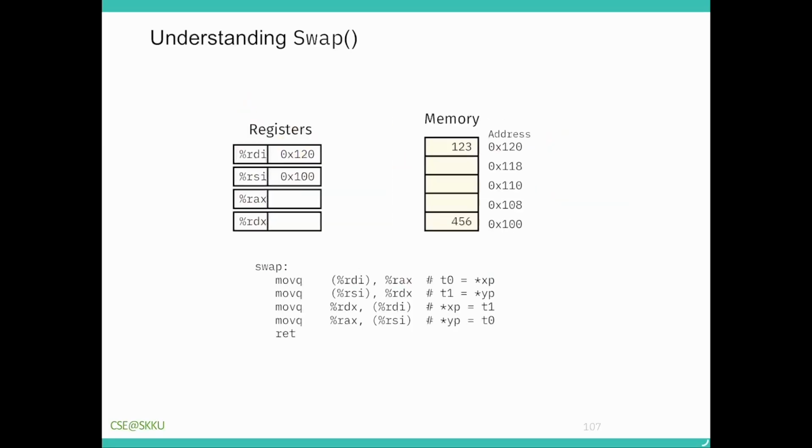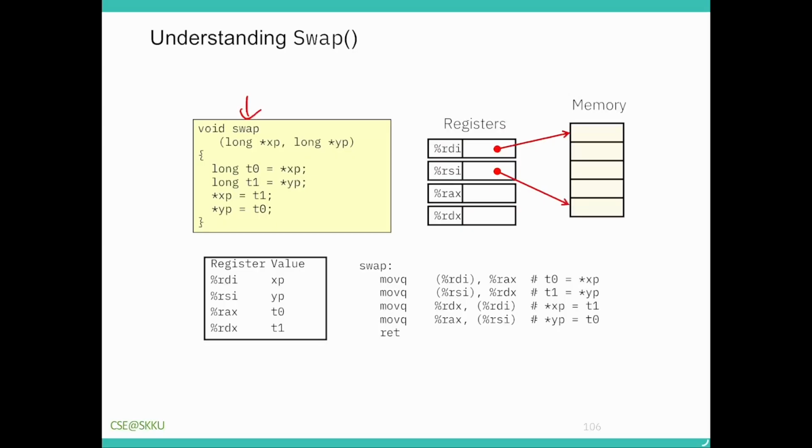Let's take a look at these instructions line by line. Since all of you are seeing assembly code for the first time, we're going to take it really slow, and we're going to learn how the program executes at the very low level, looking at this animation. These two pointers that are coming into the function as arguments are stored in the RDI and RSI registers respectively.